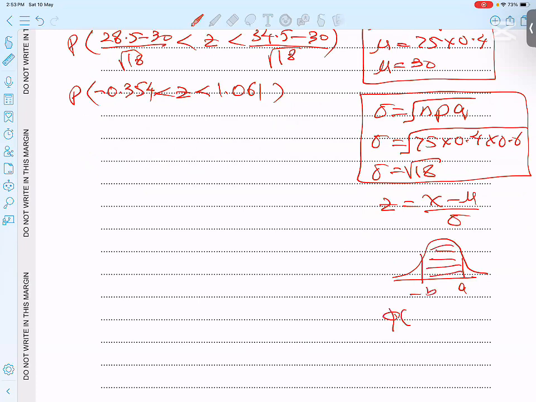It is phi of A plus phi of B, without the minus sign, minus 1. Repeat my words: phi of A plus phi of B, minus 1. So it means phi of 1.061 plus phi of 0.354, minus 1. This is the formula, and let's see what answer comes from the table.